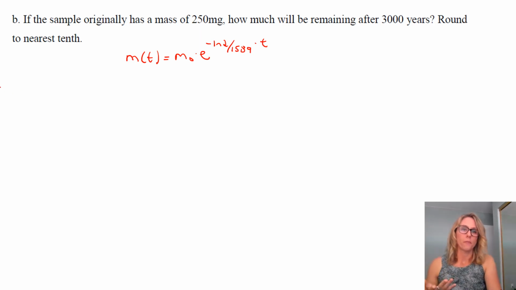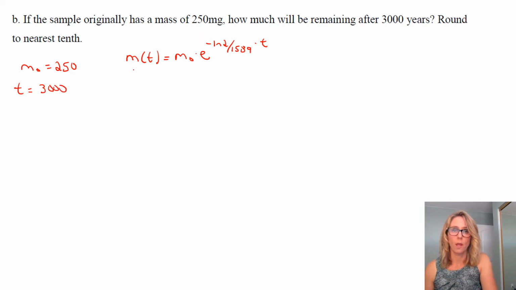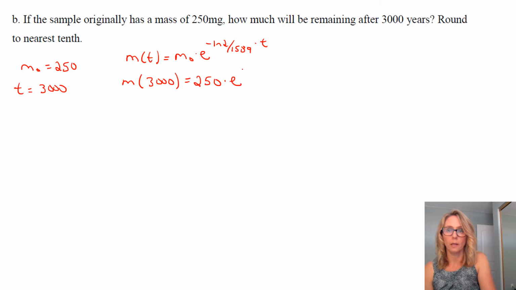Now we can plug in any other information we're given in this example: an original amount, and some time, 3,000 years. Now it's just plug and chug. So 250 e to the negative ln2 divided by 1589, times 3,000.